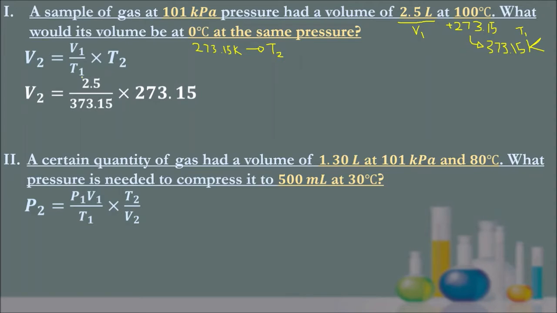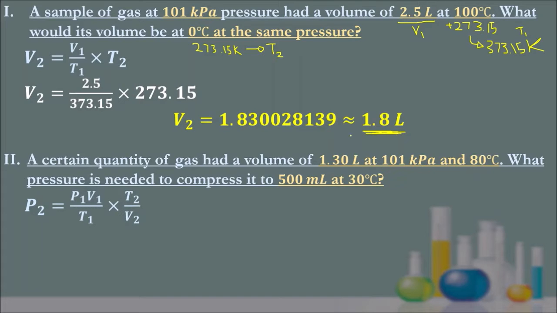And so as you can see, 2.5 there, 373 there, 273 there, and then we get an answer of 1.83002 liters for V2. If you then go back to reading through your question, you will notice that 2.5 liters is two significant figures. That's the lowest one in your question, so that's also why we rounded off to two significant figures for the question here.